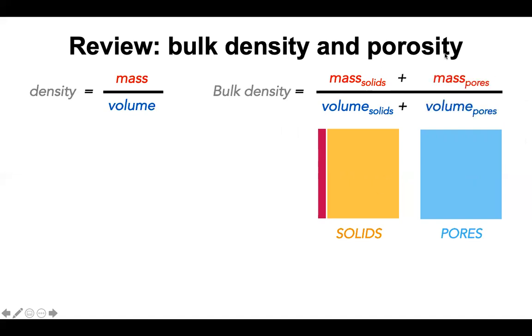And then we have the mass of the pores and the volume of the pores. Now, the mass of the pores is actually 0. That has no weight, it's full of air. So that gets eliminated. That means that bulk density is the mass of the solids divided by the volume of the solids plus the volume of the pores, or we could just call that the total volume.